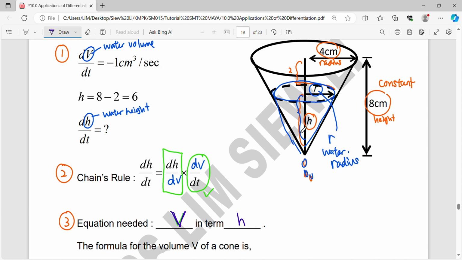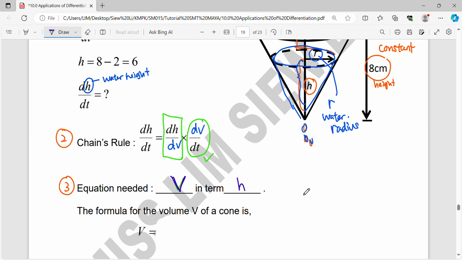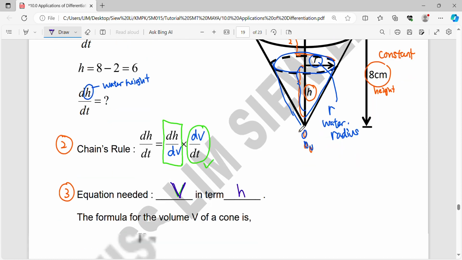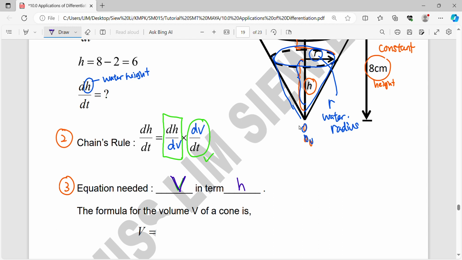But as we recall our volume of the cone, why are we taking the volume of the cone? Because the water follows the container shape. As the container shape is conical, our water is also in conical shape. Therefore, the volume changing here uses the conical formula.